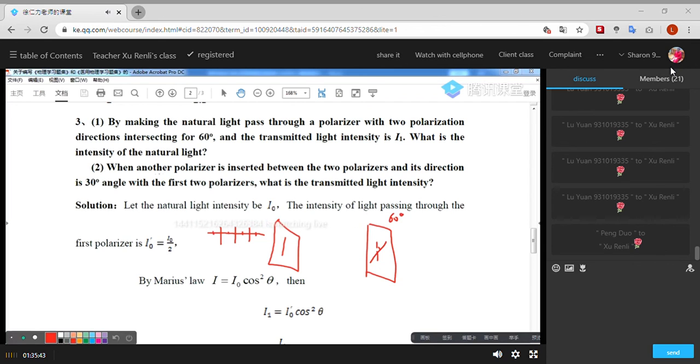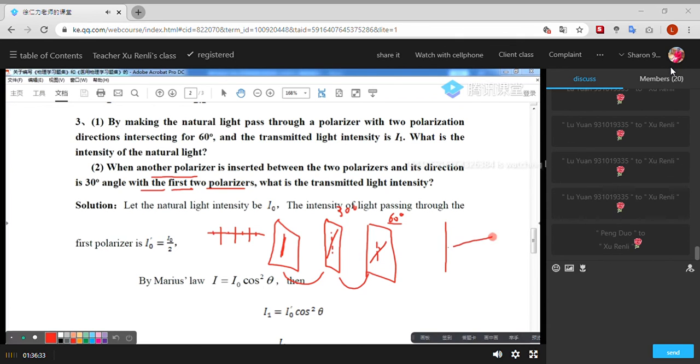Now we insert a third polarizer between them, and its direction is 30 degrees to the first one, and the angle between it and the second one is also 30 degrees.